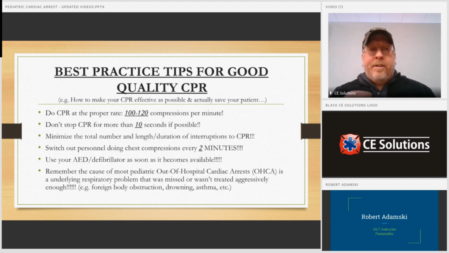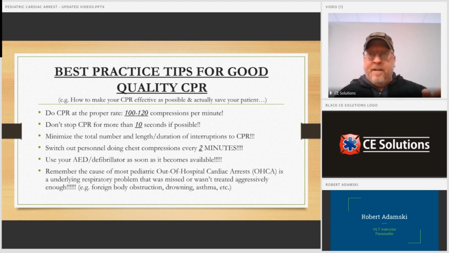Now, these are some very important points to remember and keep in mind when you guys are not only training in class to do CPR, but also when you guys are out in the field working as first responders, as EMTs.